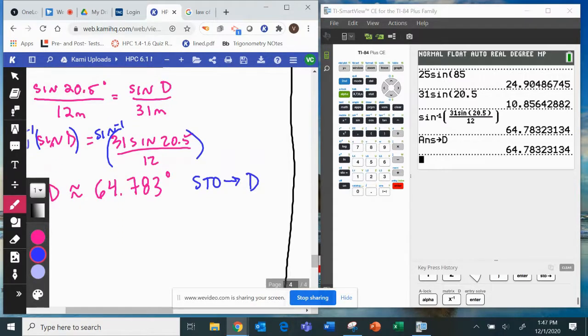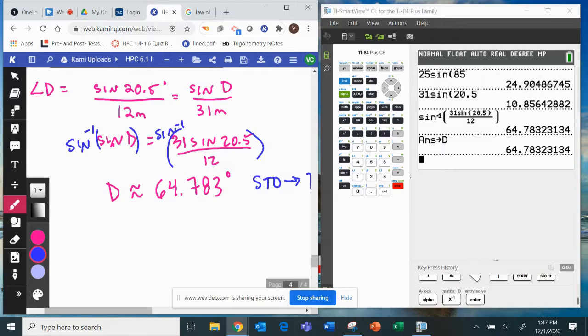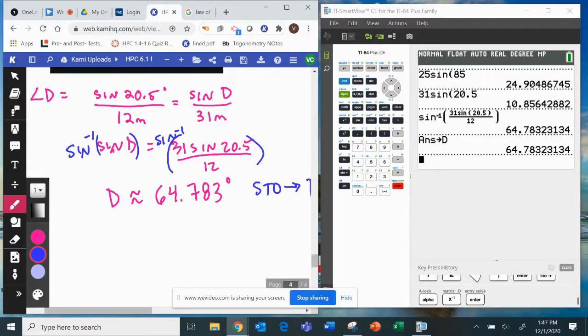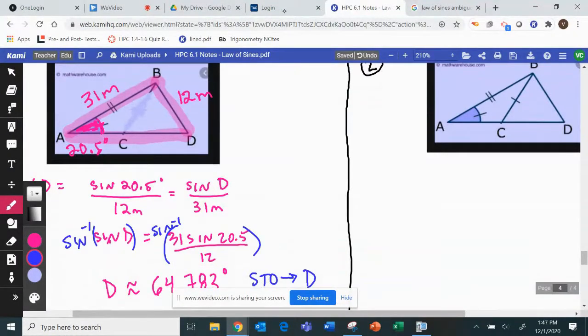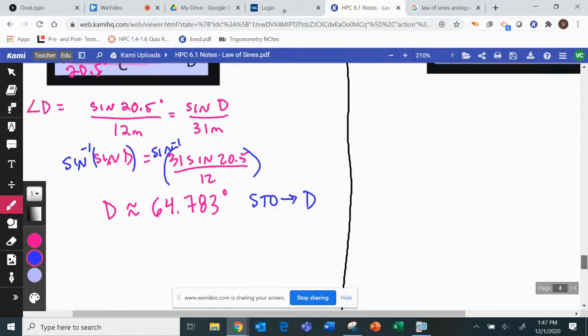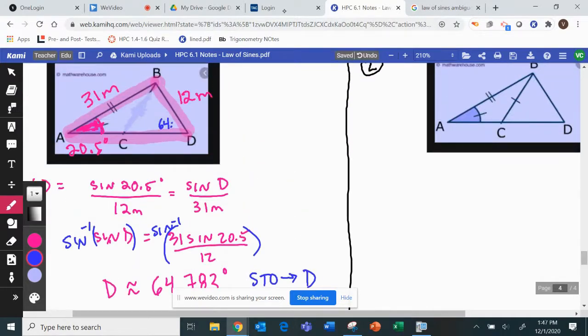Again, if you have the newer calculators, you can go up and find it, but this is a new skill to learn on the calculator. So it's good to try it this way. All right, so we have angle D. Now we can set up to find what next? Angle D is like 64 point something. I forgot. 783. There we go. What can we find next?